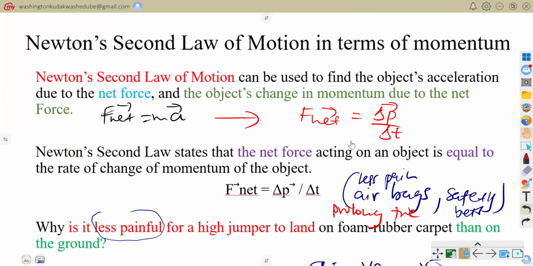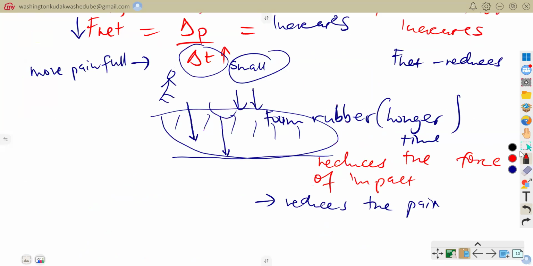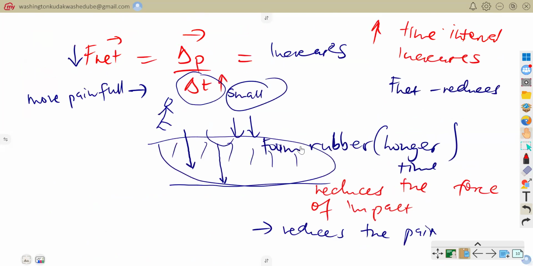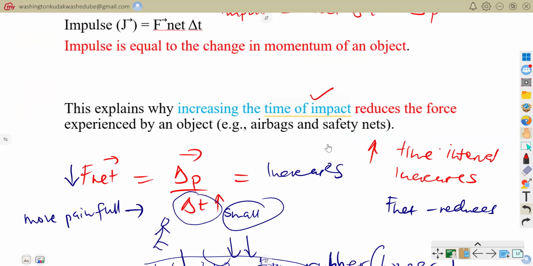Once we prolong the time of impact, we are reducing the pain that you are going to feel. This is the explanation that comes with our airbags and our safety nets, as well as our foam rubber.